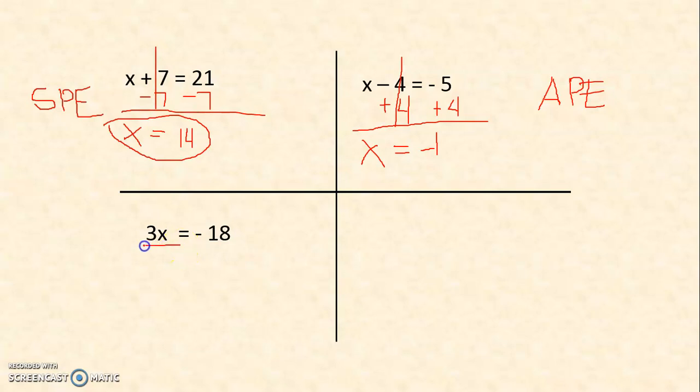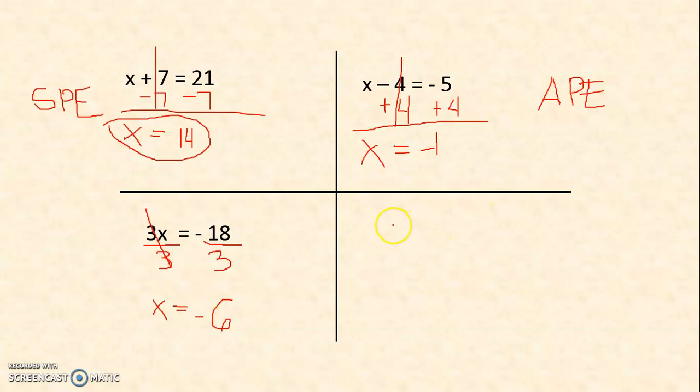We're just going to divide both sides of the equation by 3. Why? Because 3 divided by 3 is equal to 1. So we now have x is equal to 18 divided by 3, that is 6. Do not forget your sign. Negative divided by positive is negative.